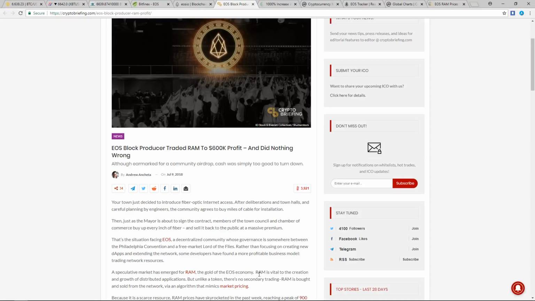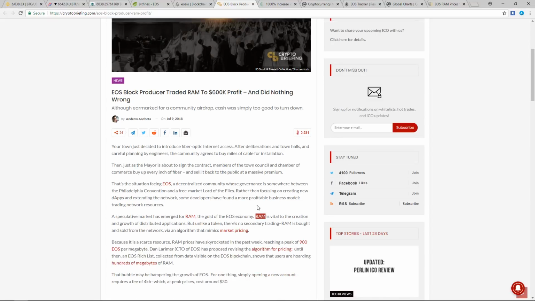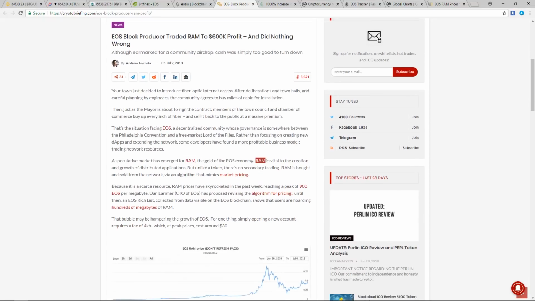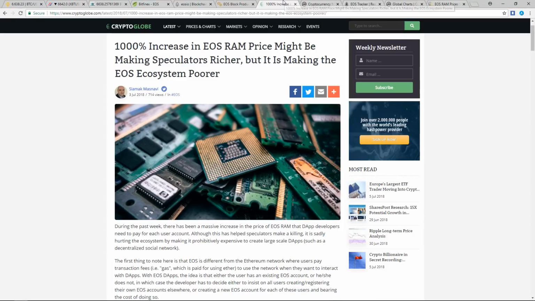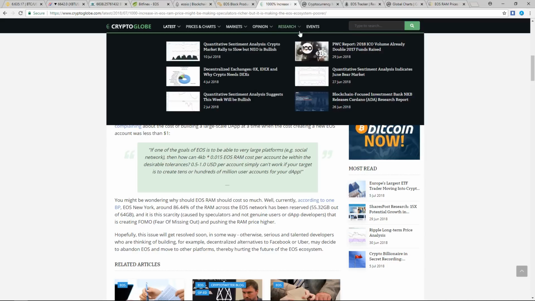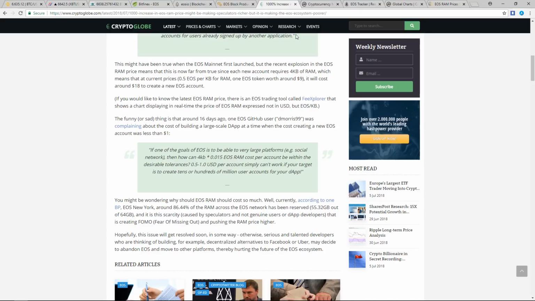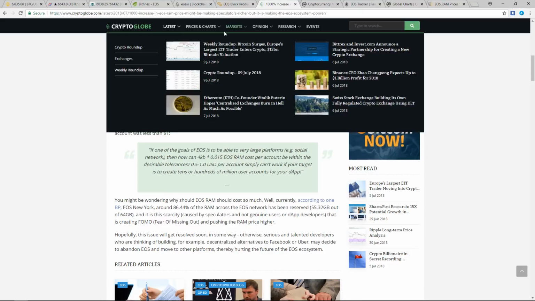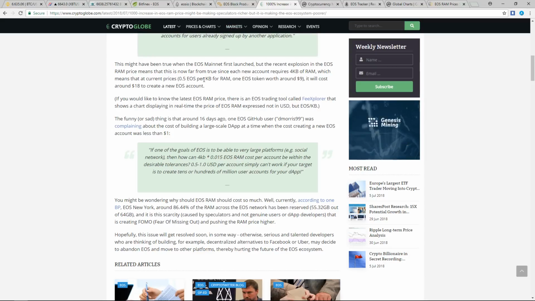But for accounts, if you want to create an account in your application, you probably need to use this RAM, whose current supply is, let me see, 46 gigabytes, and the inflation rate is actually decreasing, which means it's going to be harder and harder to get more RAM in EOS. And this is how ridiculous this is. It sounds confusing to me as well, but this is the truth.